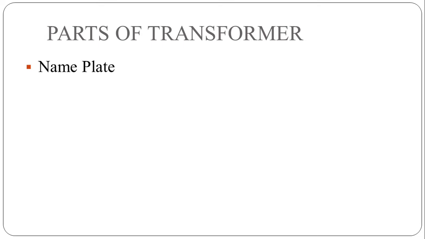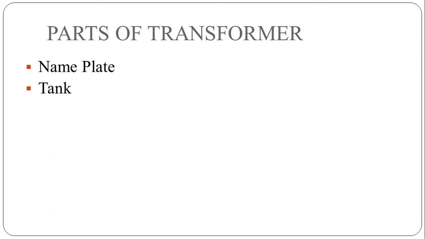So nameplate contains all the details of transformer, like what is the low voltage and high voltage winding voltage rating, what is HV and LV current, what is percentage impedance, what is vector group of transformer, what are the positions of various taps, what is quantity of oil in the transformer. These all details are carved on the nameplate of transformer.